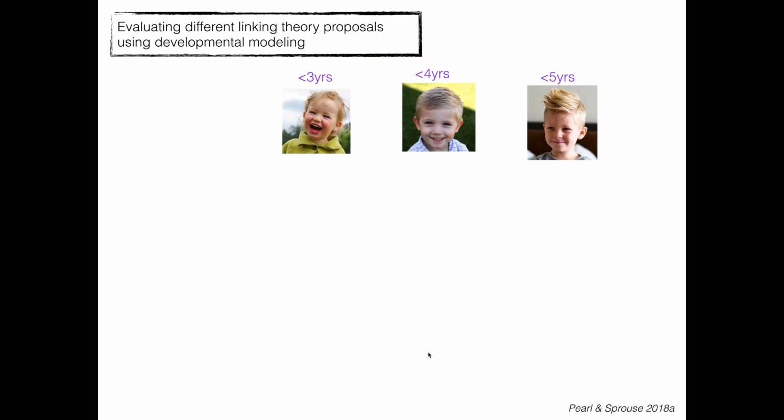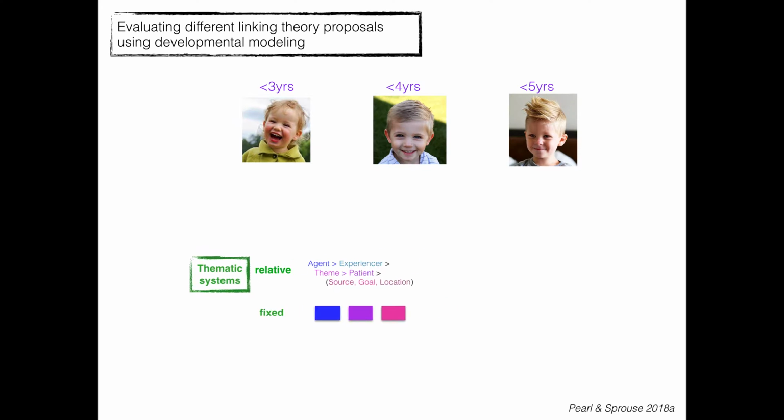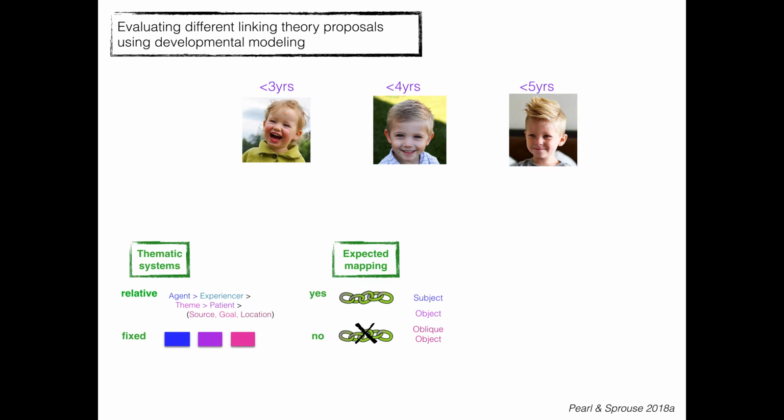So, as a reminder, we're comparing a couple different thematic systems, a relative system where we have this hierarchy and a fixed system where we have 3 fixed categories. We're comparing whether the learners already expect a mapping and so are just encoding things in terms of movement, or don't already expect a mapping and so are encoding the details of where these thematic representations are appearing.